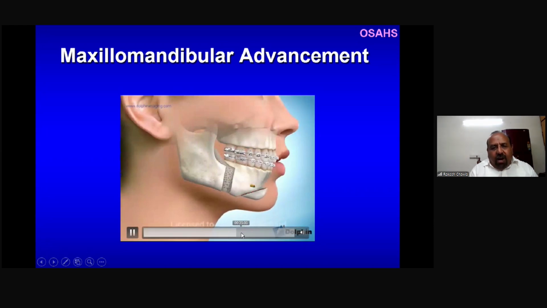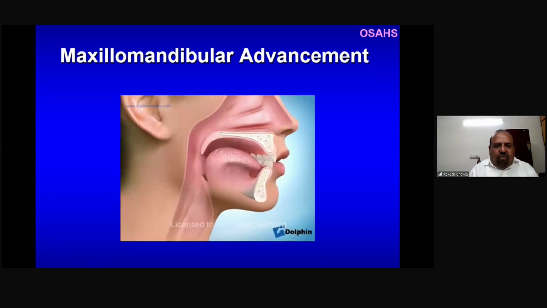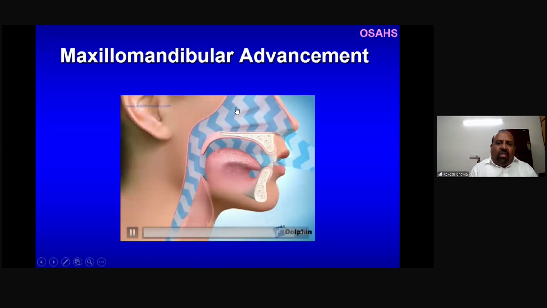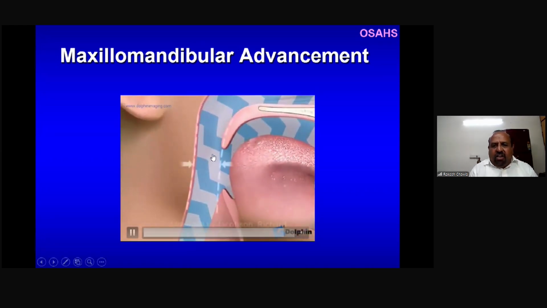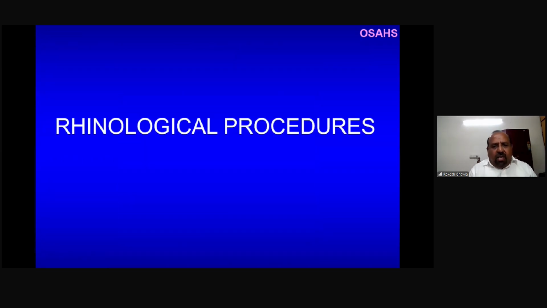I'm sure it is a very complicated surgery where various screws and things are used to increase the posterior airway space. How many of you will recommend it? It's very difficult for me. And this is how the posterior airspace is increased and the patient is better with this advancement.